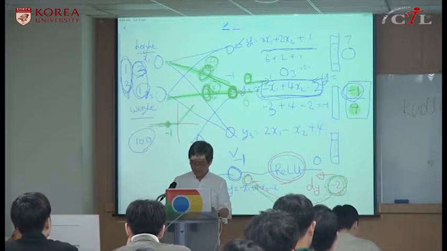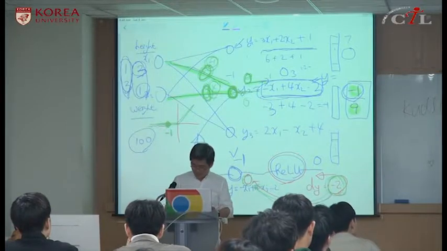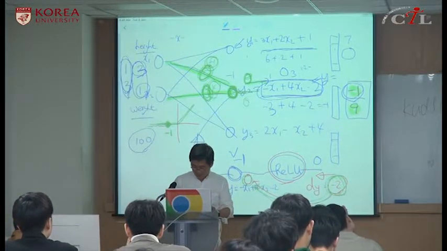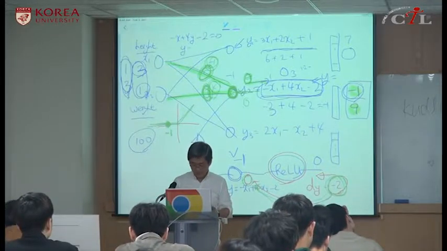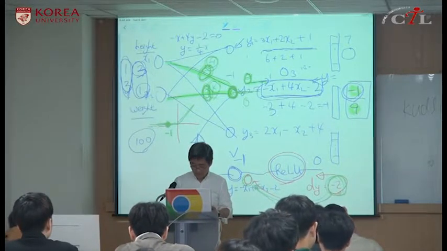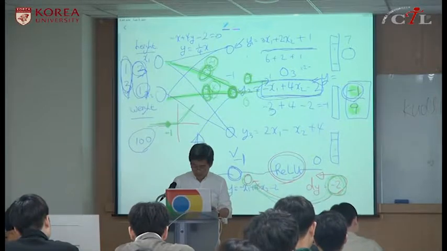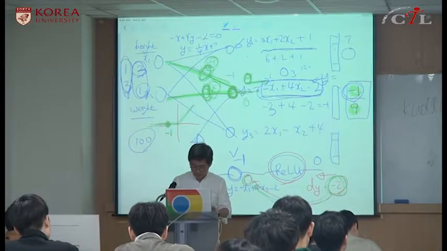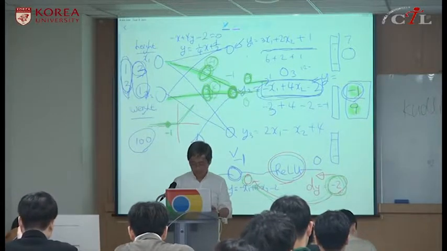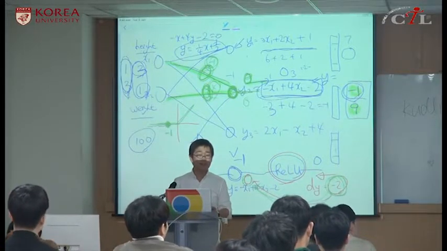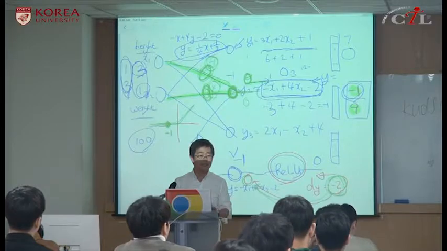So in this case, minus x plus 4y minus 2 equals 0, and so y equals 1/4 times x plus 1/2, right? So we can easily derive this equation for the line, right?